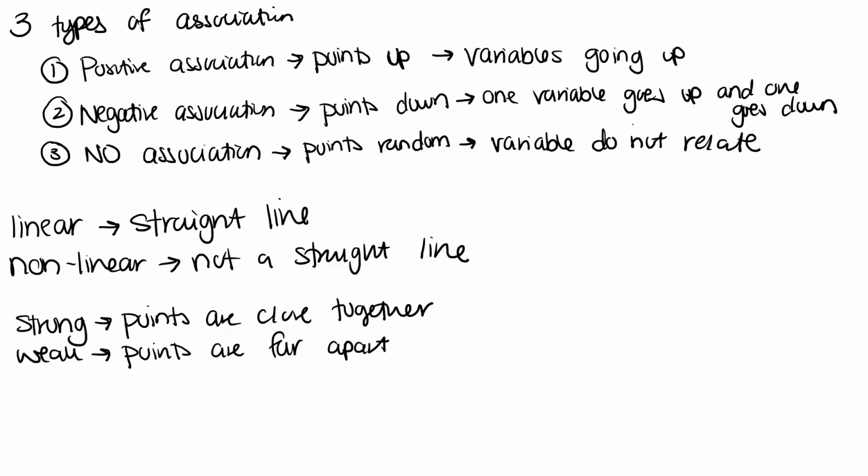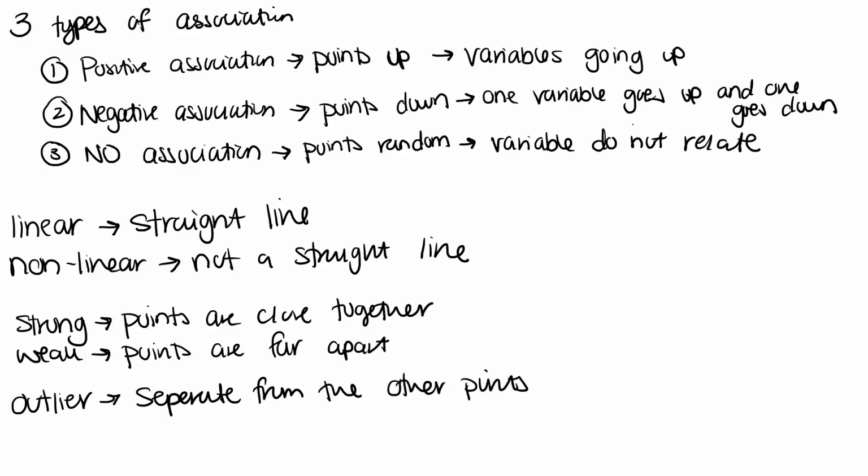Sometimes we call a point an outlier. An outlier is separate from the rest of the group. That one point is separate from the other points. It doesn't fit in the pattern. We also have a cluster, which is called a group of points.